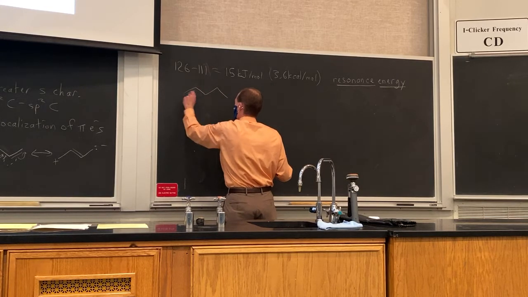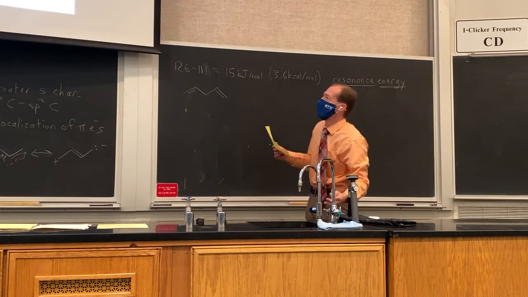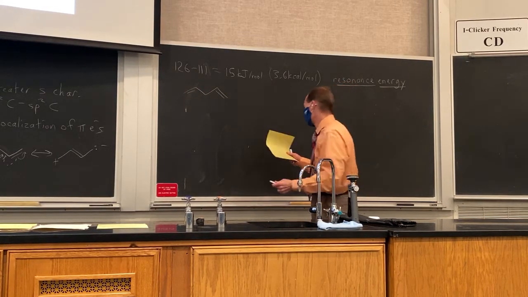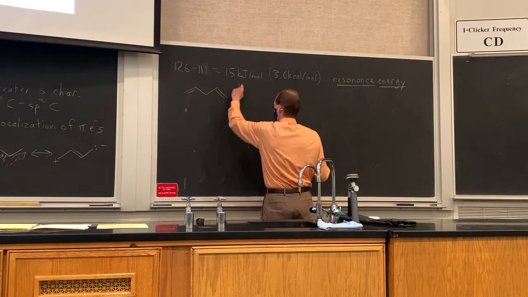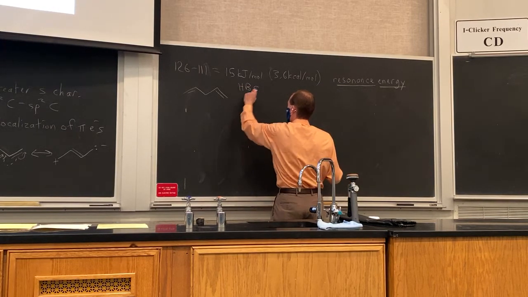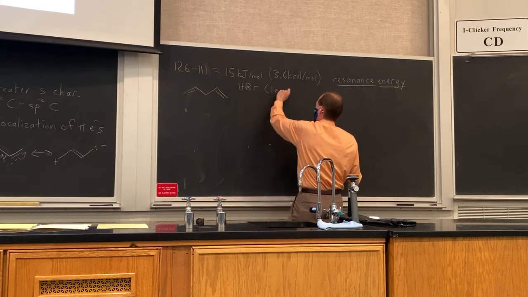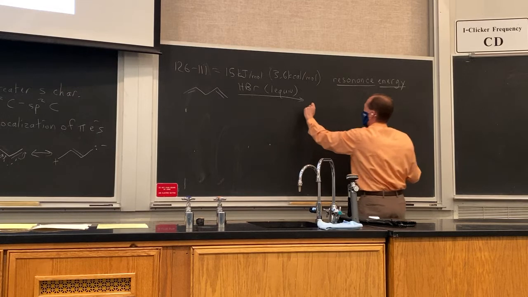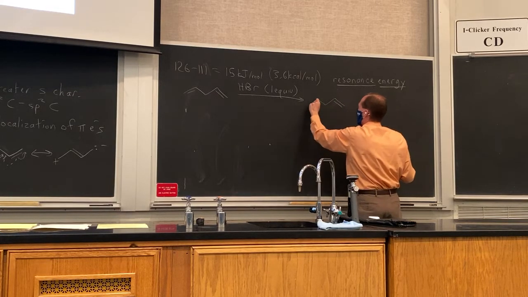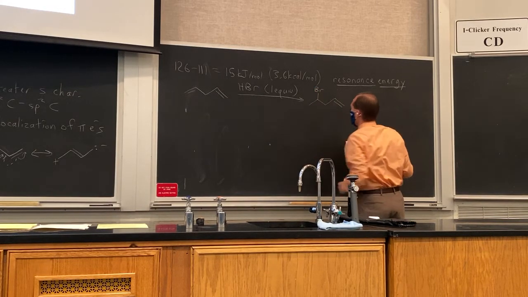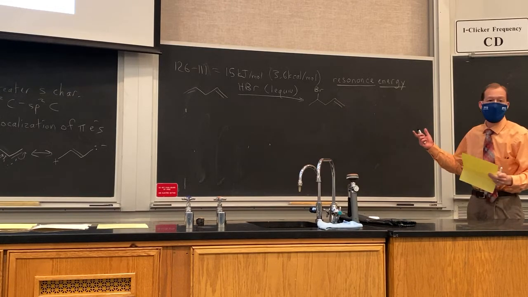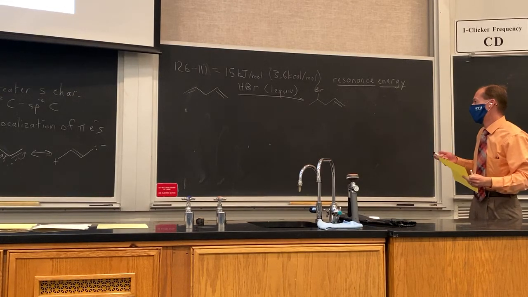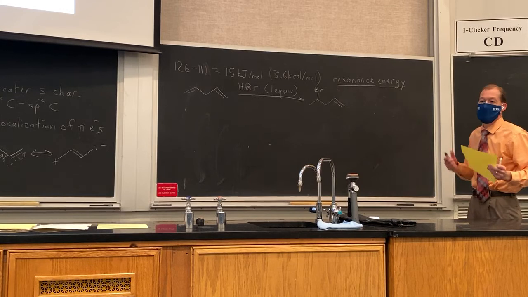So if we take an isolated diene, our 1,4-pentadiene that we were looking at on the screen, and we react that with HBr, and we make sure that we're careful and we only use one equivalent of our HBr, then we're going to get the Markovnikov product here, right, where the bromine attaches to the less substituted carbon.